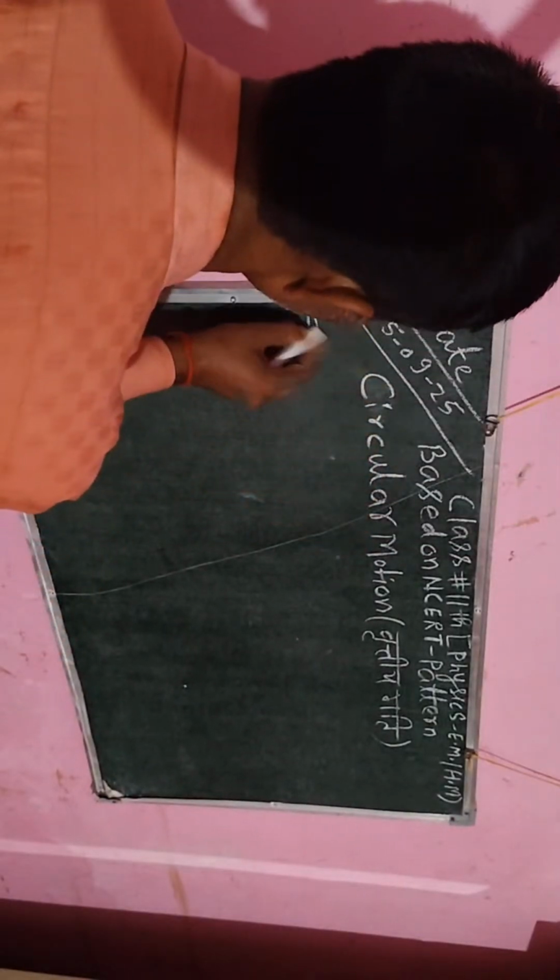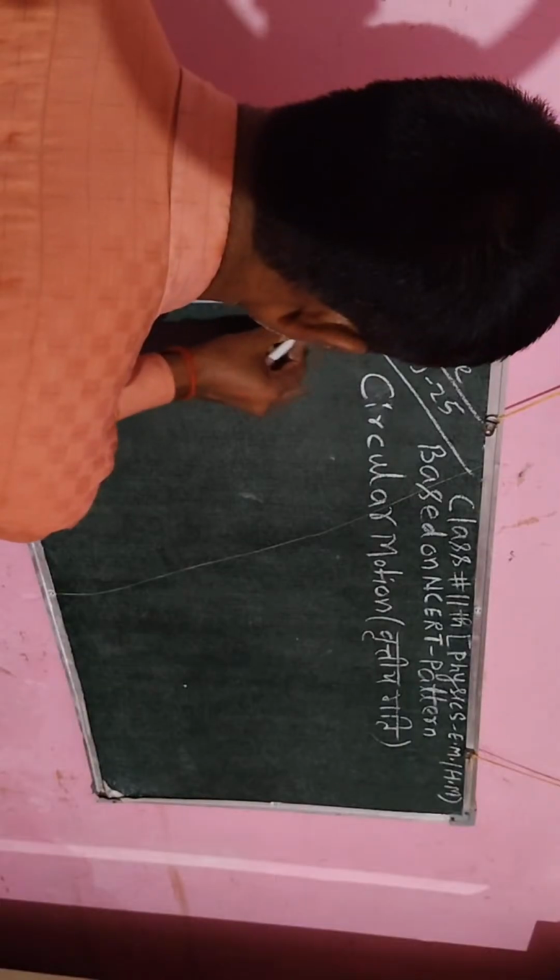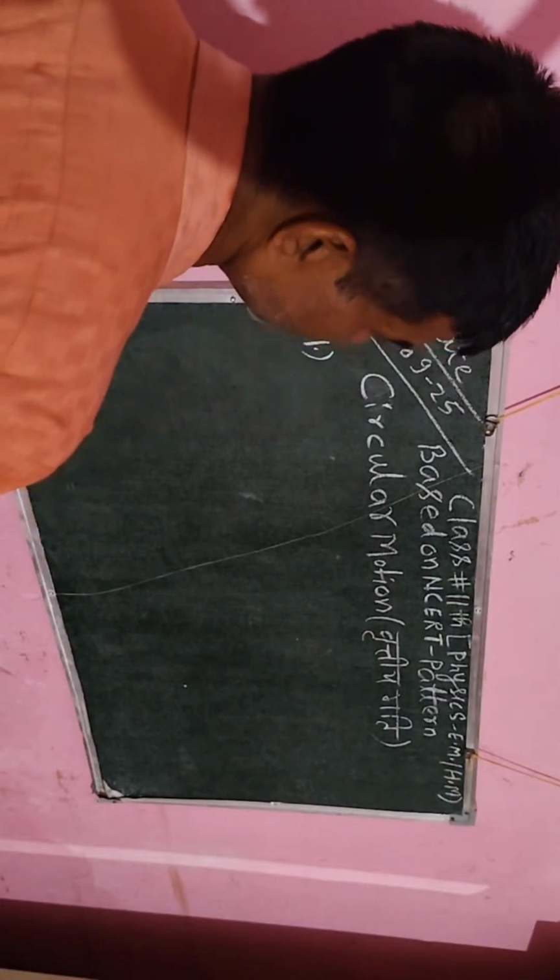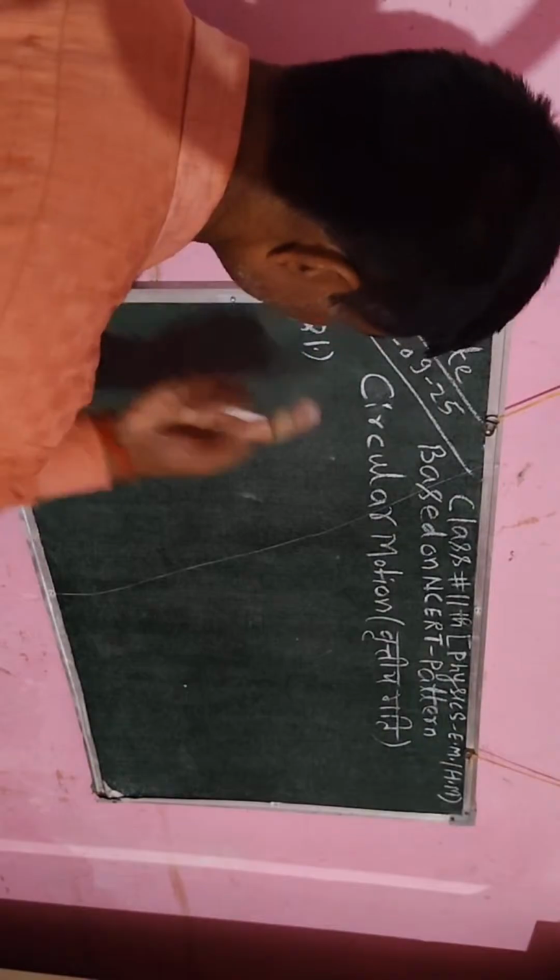Now here one question I am writing. That is question number 1, and in this question I will use all parameters which are available in circular motion.